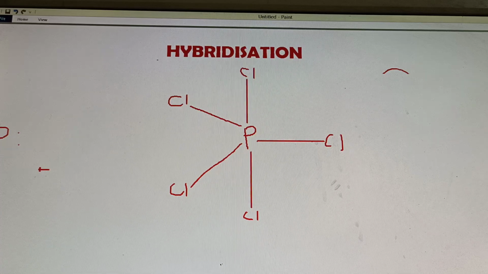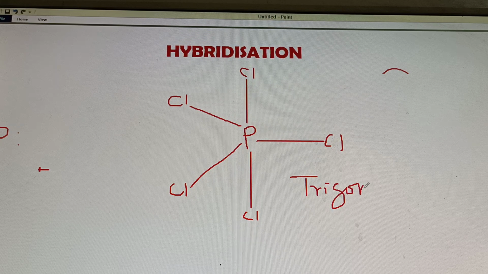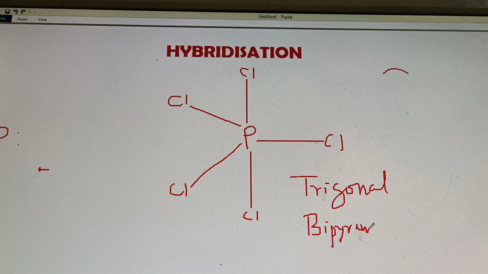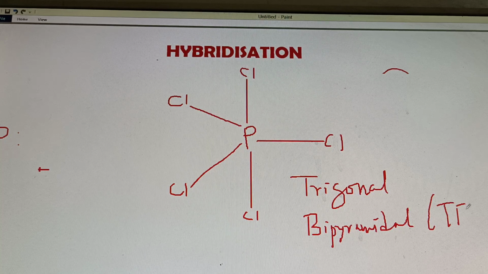Clear? So this is trigonal bipyramidal structure, or TBP structure.